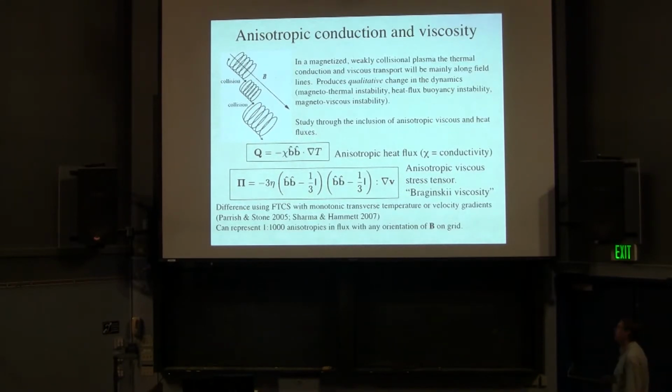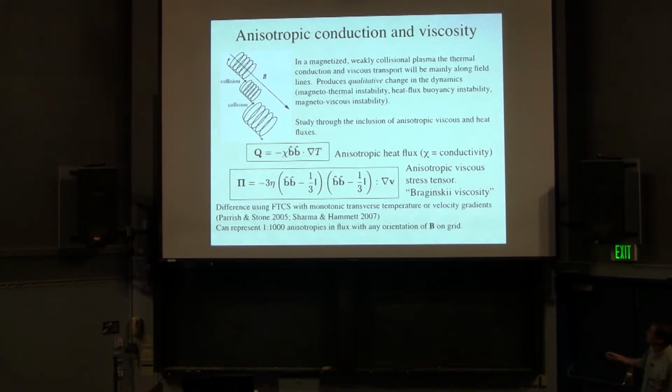So thermal conduction is caused by transport by electrons, but since electrons can only move along magnetic field lines, the thermal conduction becomes anisotropic. Thermal conduction is primarily along the magnetic field line, and there's virtually no thermal conduction perpendicular to the magnetic field line in this regime of a weakly collisional plasma.